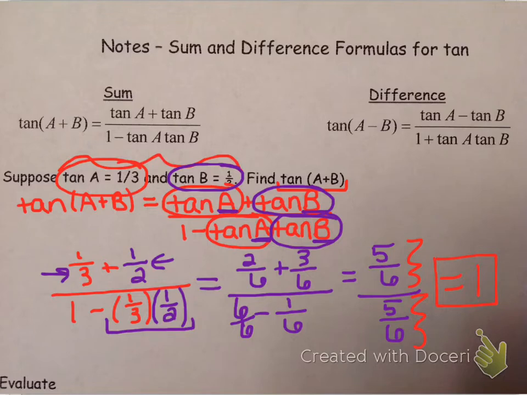Now we don't know where angle A and B were, so there's actually no way to check this. If we knew where angle A and B had been, because they could have either been quadrant 1 or quadrant 3, then if we really insisted on checking it, we could have done inverse tangent over here, find angle A. Then we could have done inverse tangent over here and find angle B. And then we could have actually added them and then taken the tangent value.